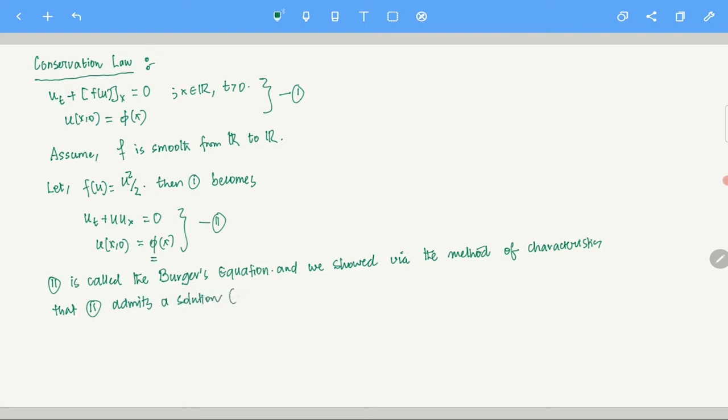No, by solution I mean not global. It is not a global solution.